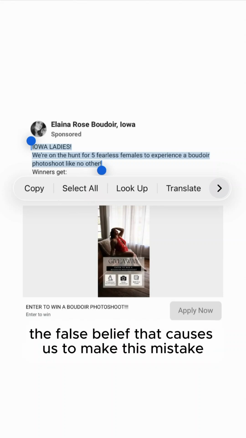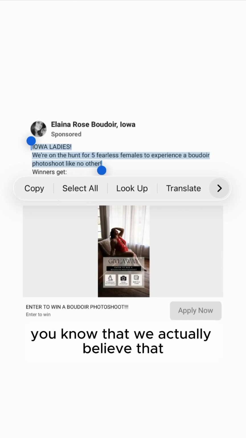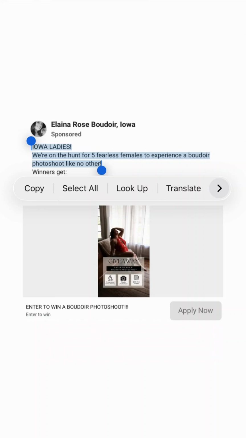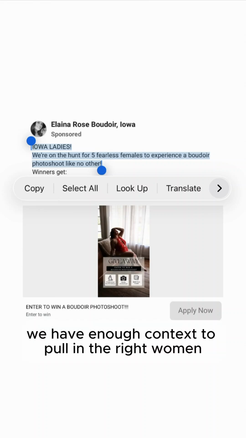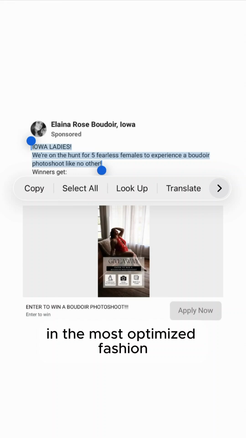The false belief that caused us to make this mistake is that we actually believe that we have enough context to pull in the right women and repel the wrong women in the most optimized fashion.